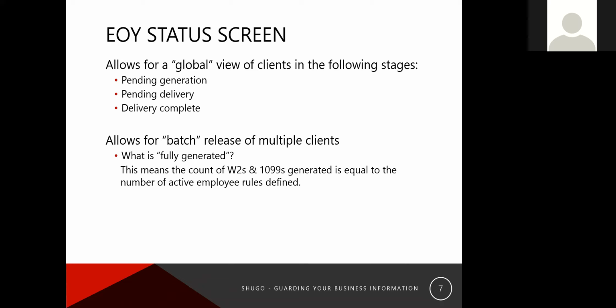Because if those numbers are the same, that means we have a W-2 or 1099 for every employee you have set up for that client. That means they're fully generated. But let's say that the client has 30 employees, but we've only received 20 end-of-year documents. Well, in that case, they're not fully generated because we don't have an end-of-year document for every employee set up. So that's what this fully generated status means.